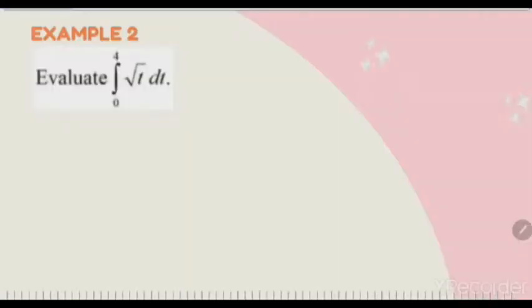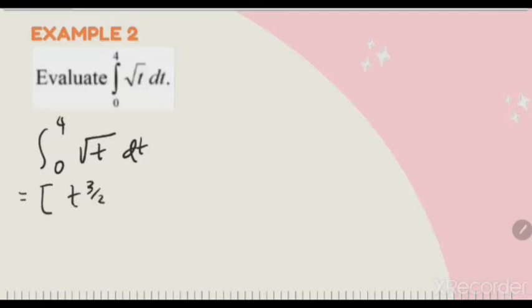Now, example 2. Evaluate this equation using FTC. First, rewrite the equation as what we have done before. At first, we have to find the antiderivative. So, using the power rule, the antiderivative is as shown, and the lower limit is 0.